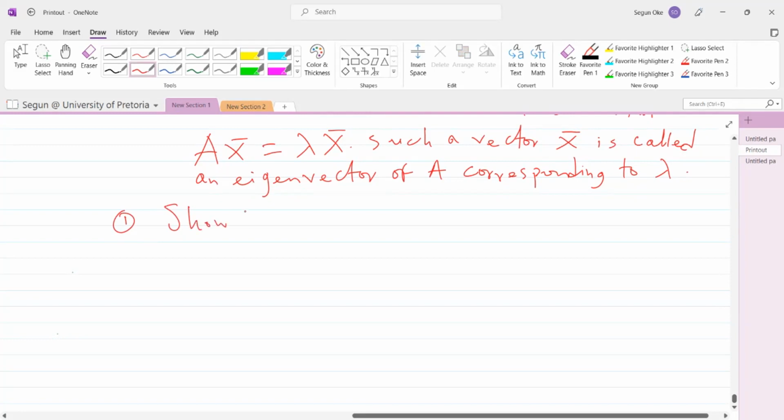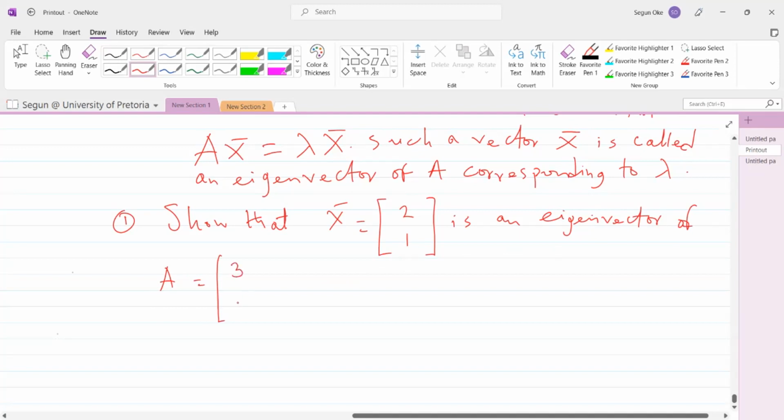Show that x bar equals (2, 1) is an eigenvector of A, which is our matrix, (3, 3; 2, -2).